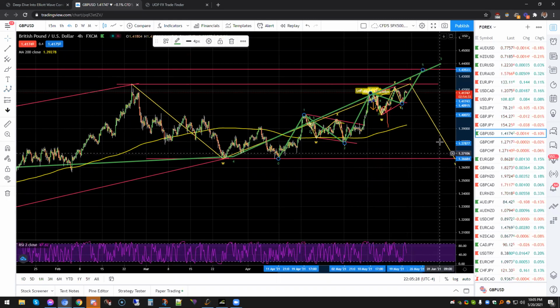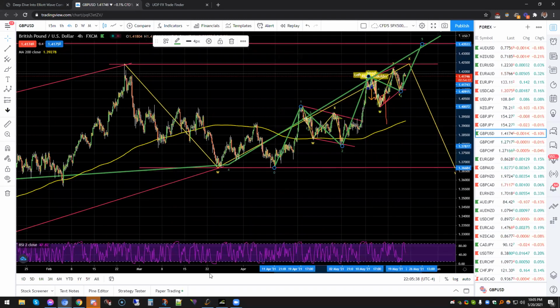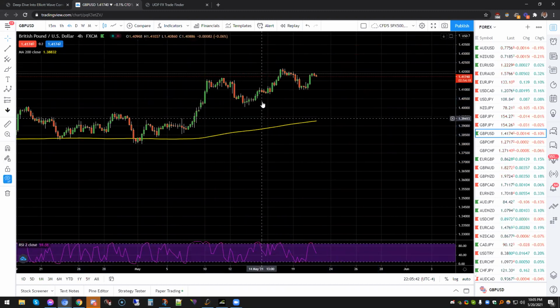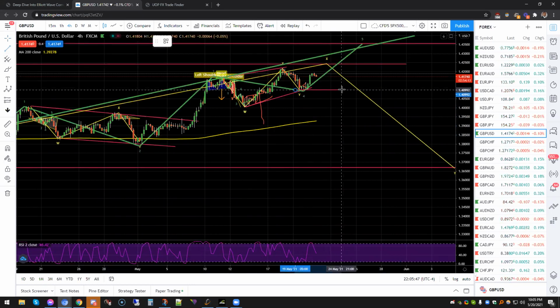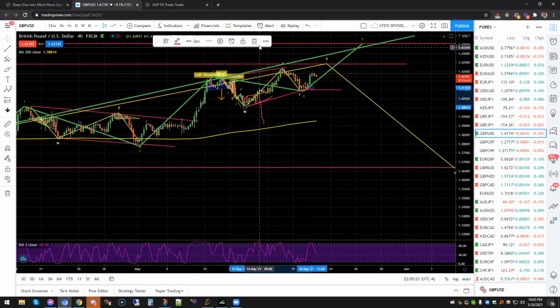Okay, so you just got to be on the lookout. If this wave 5 ends where it is right now, what would be a good signal to let you know that it's done is if it comes back and breaks this low. So let me just remove some of these drawings here.